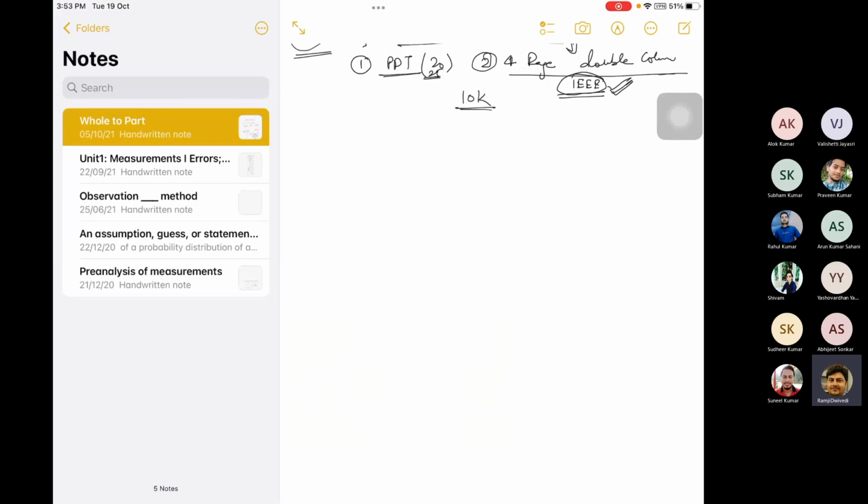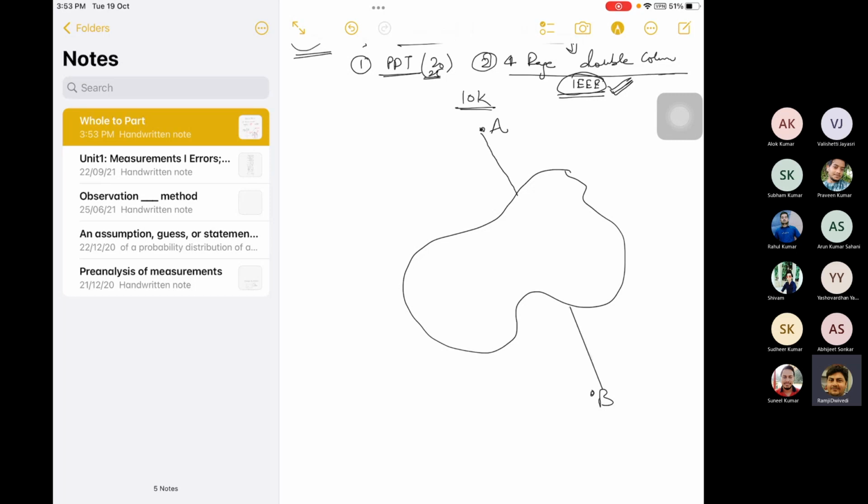Let's say there is a big rock, and there are two points outside, opposite to this rock. You cannot see from A to B or B to A. What I want is an estimate of the approximate distance between A and B. How would you approach it?